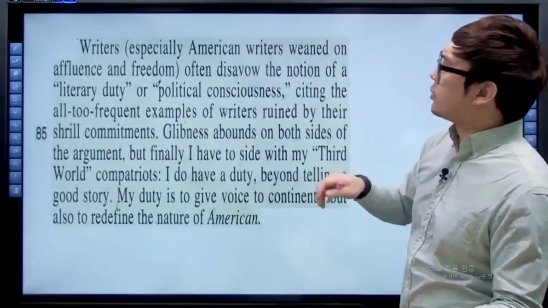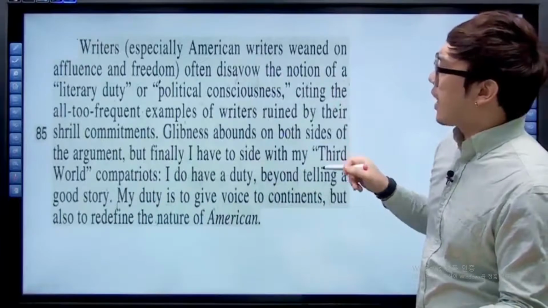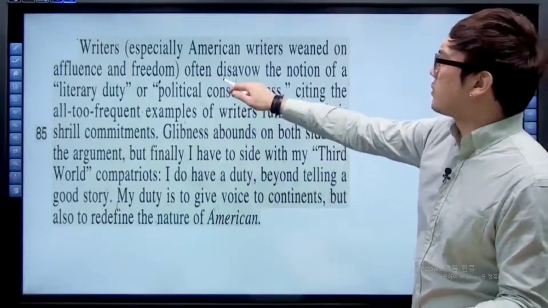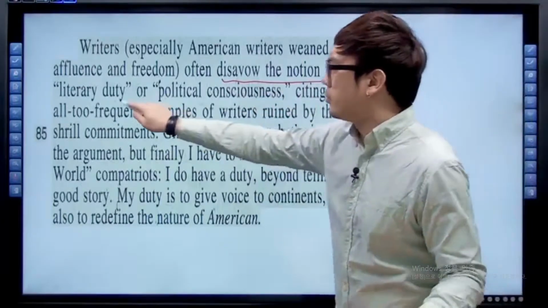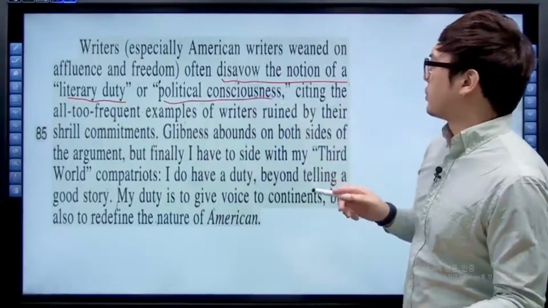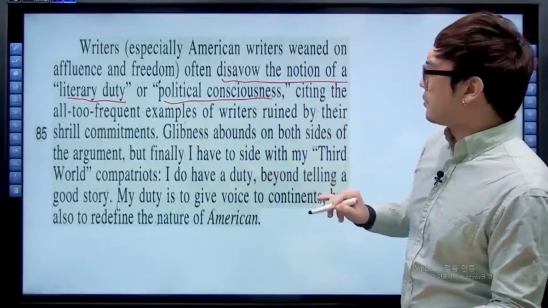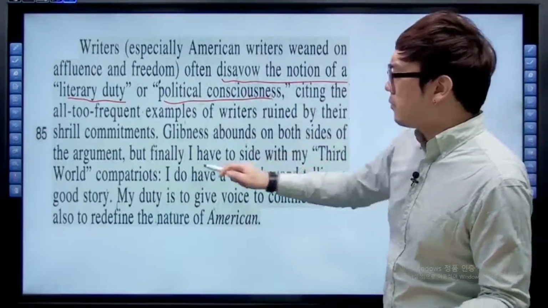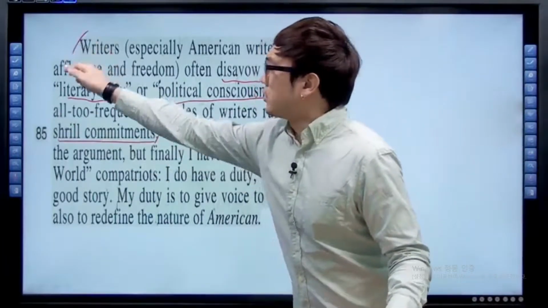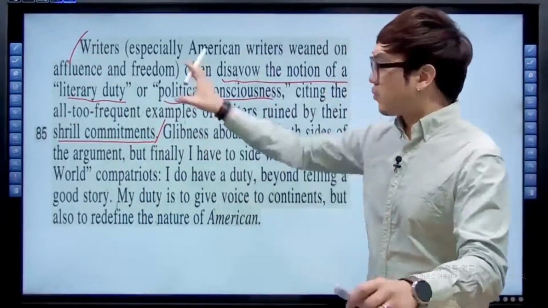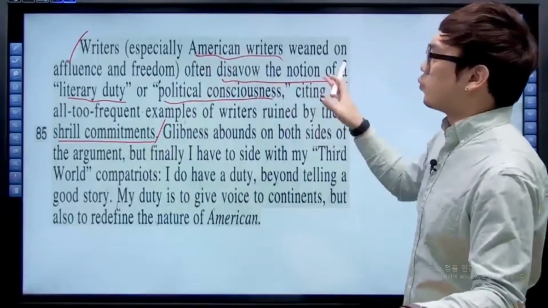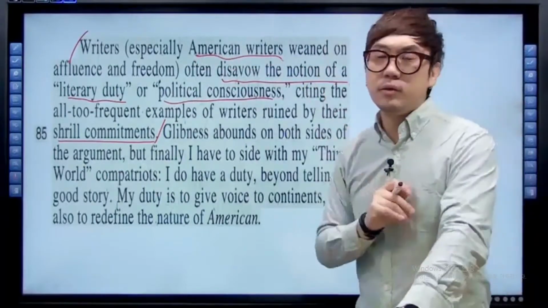It says, writers, especially American writers weaned on affluence and freedom, often disavowed the notion of a literary duty or political consciousness, citing the all too frequent examples of writers ruined by their shrill commitments. So here she is sort of making arguments as writers, especially the American writers, weaned on affluence and freedom.